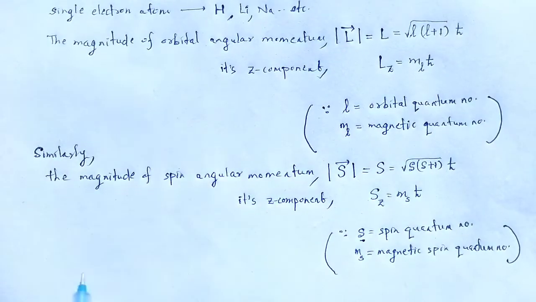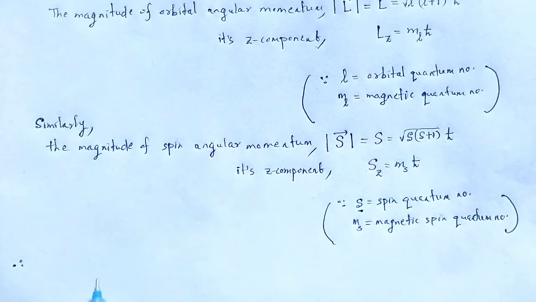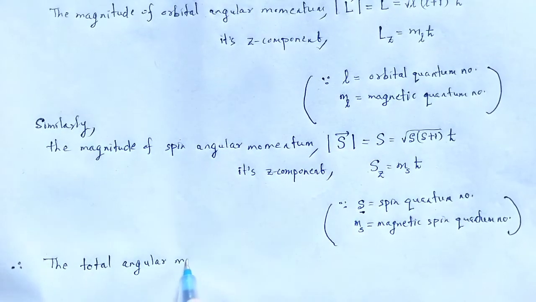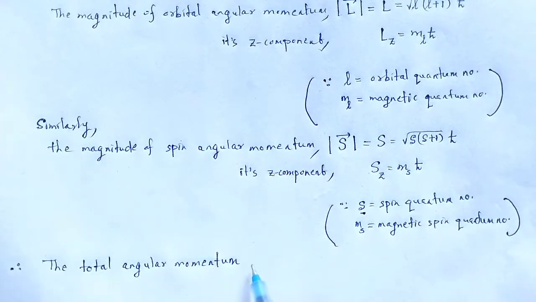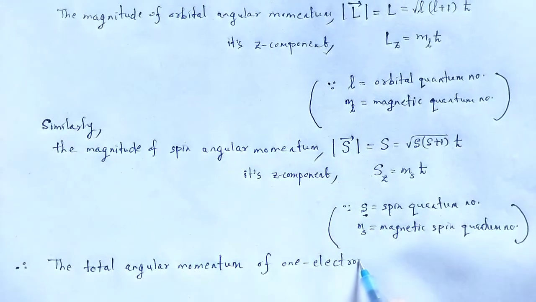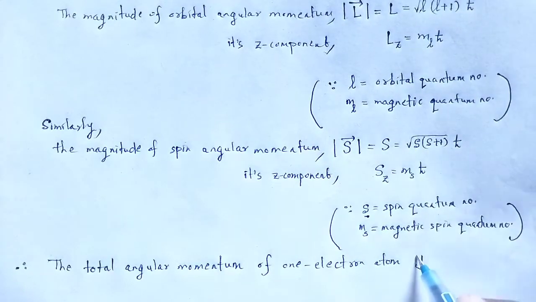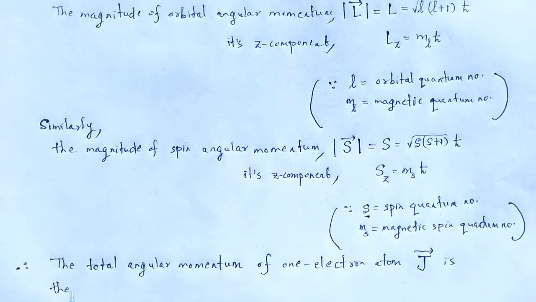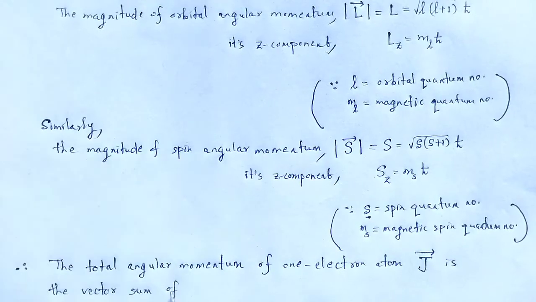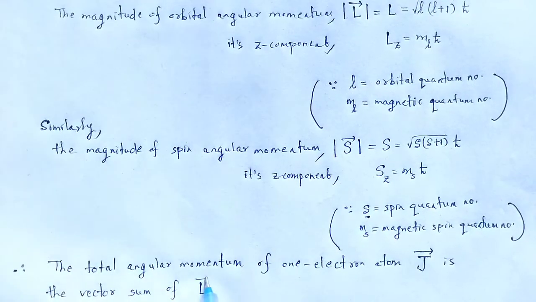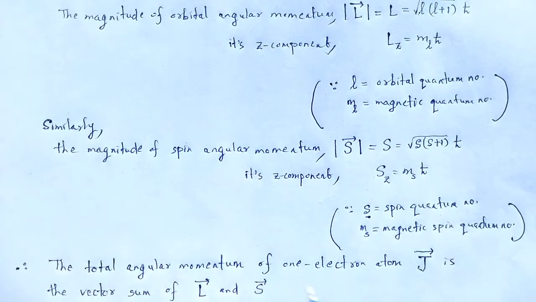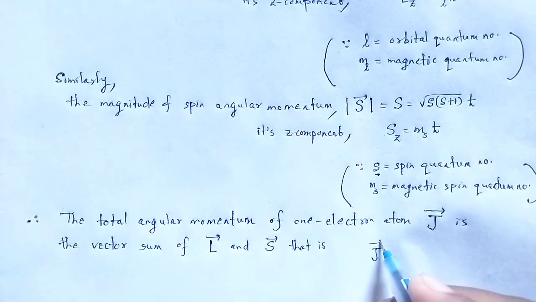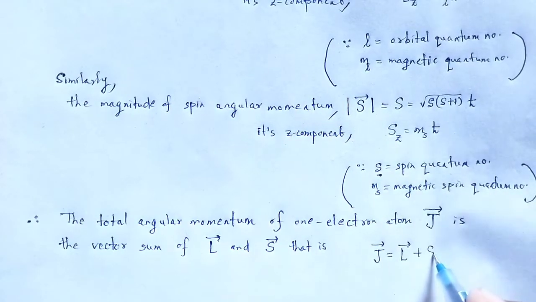Therefore the total angular momentum of one electron atom, referred to as J vector, capital J vector, is the vector sum of L vector and S vector, that is J vector is equal to the vector sum of L vector plus S vector.